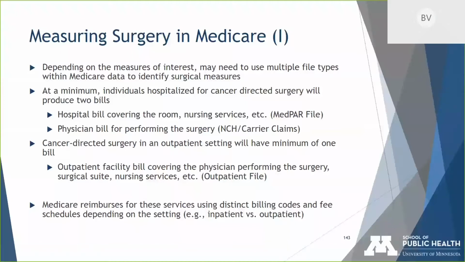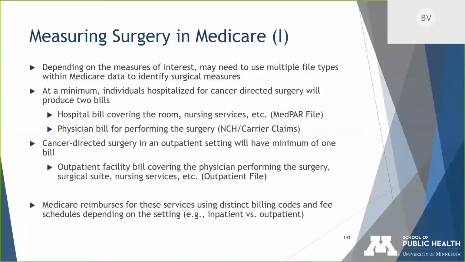This would be found in a separate file due to Medicare's billing and coding rules. And so you would look within the NCH, the National Claims History, or the carrier claims. You'll hear a number of times, as we've mentioned before, that this particular file has undergone a series of name changes over time, but they all refer to the same file.